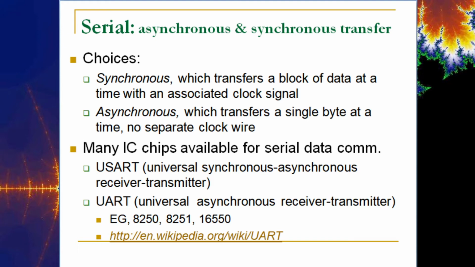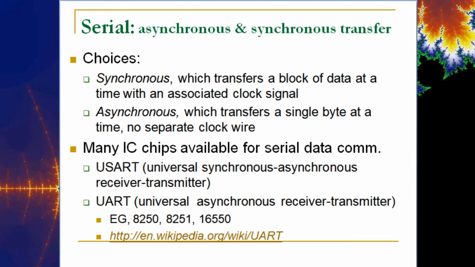Asynchronous means that even though the transmitting end is operating off its own clock, the transmission is essentially asynchronous because the receiving end may not have the same clock as the sender. So there is no separate clock wire, and you have to have some type of protocol set up on both ends to make that happen. Otherwise, you have to send the clock wire as well.